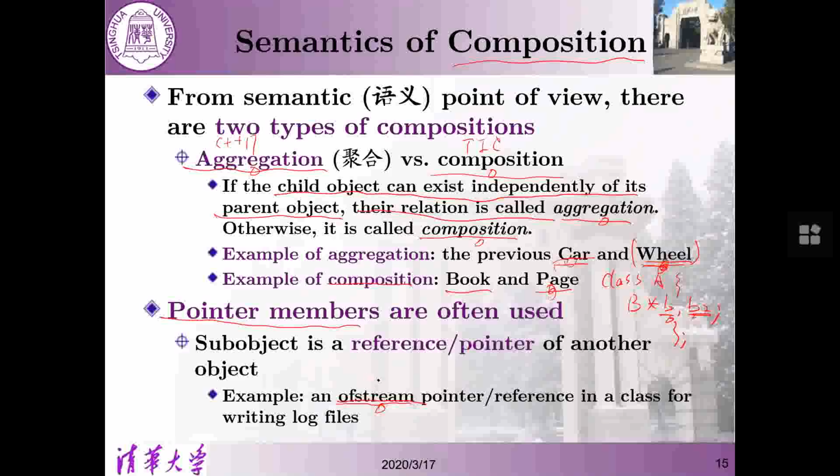Typically, we use an ofstream pointer or ofstream reference, because if we have an ofstream member object, how do we initialize it? We need to copy, but the copy constructor is disabled, so there's no way to do that. So we have to use an ofstream pointer or reference in another class if we want to write some logs.